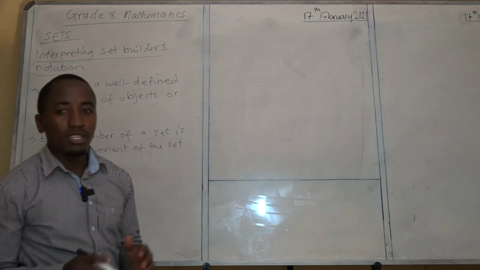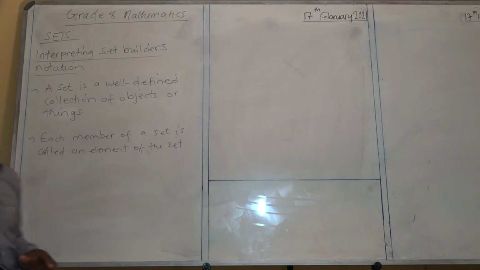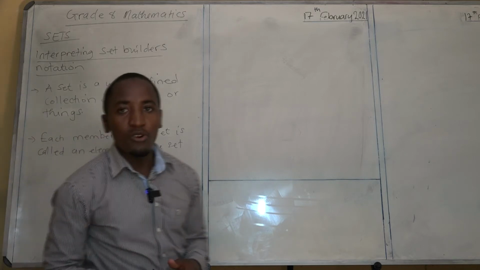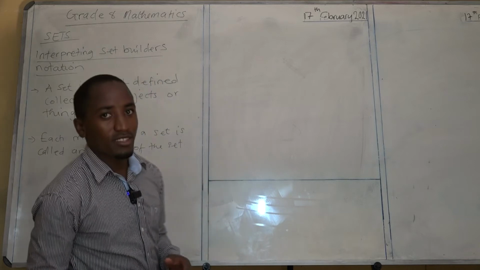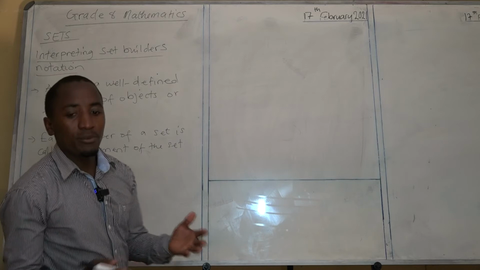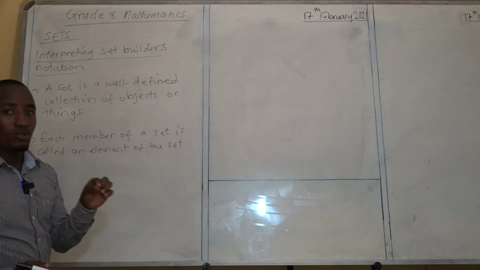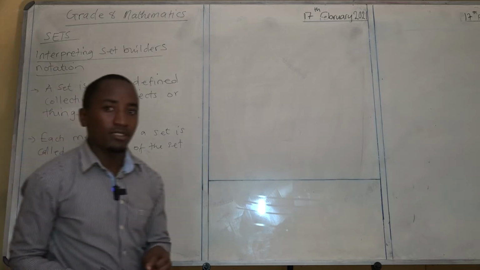What do sets really mean? A set is simply a well-defined collection of objects or things. When we say things, it can be a letter, it can be a number, but it should be well defined.